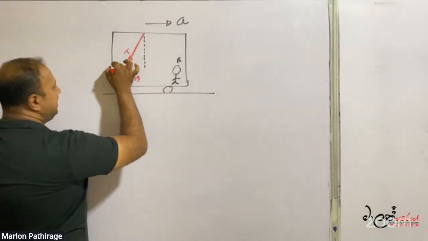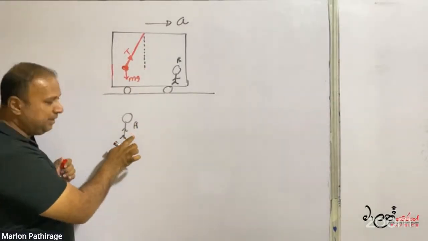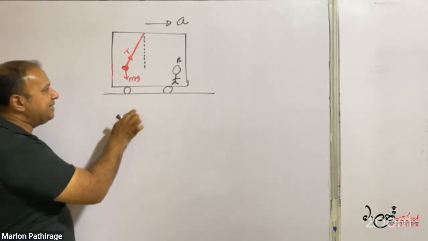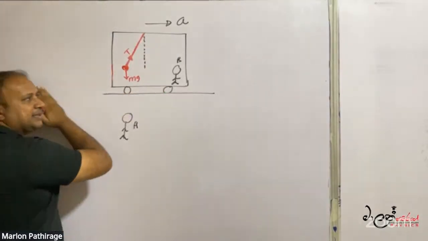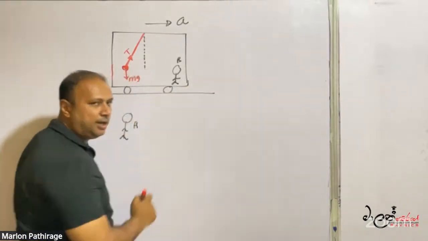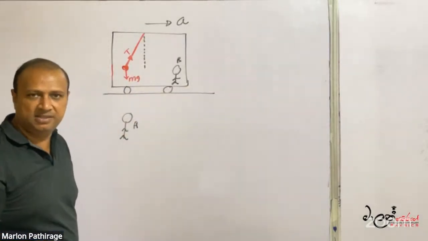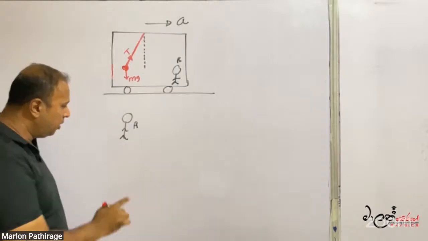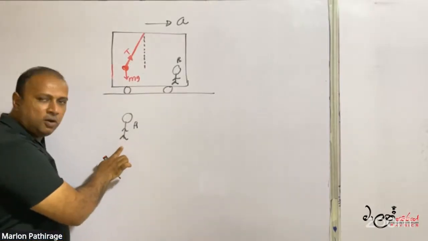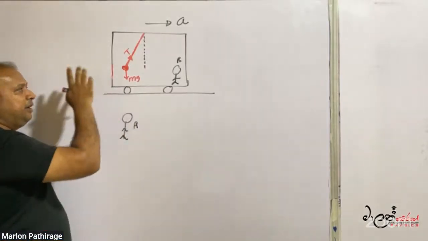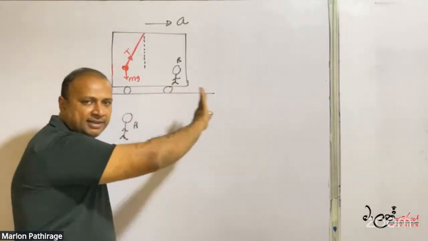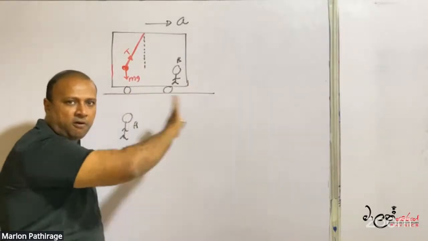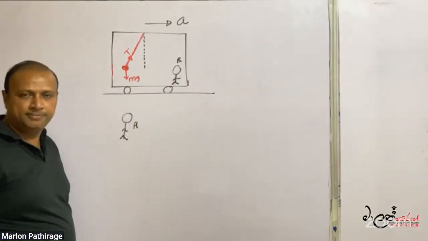He can see this person A. Person A can see this entire train has an acceleration towards this direction. Therefore, according to this observer, definitely there should be an external unbalanced force into this direction.